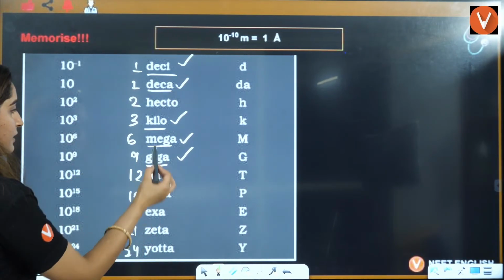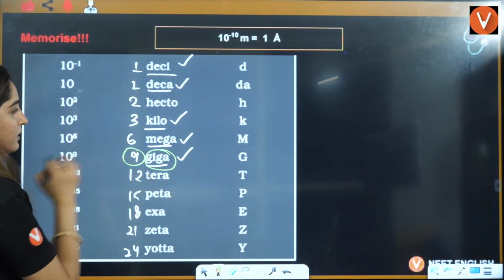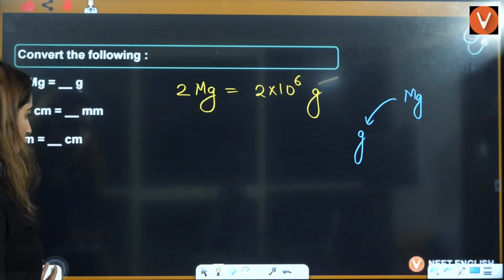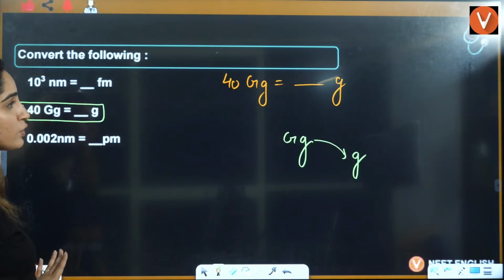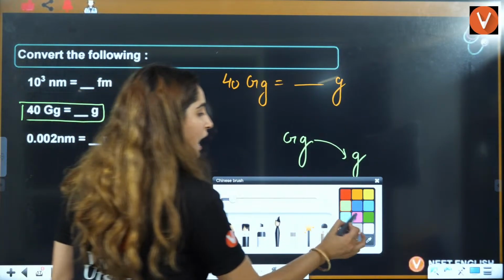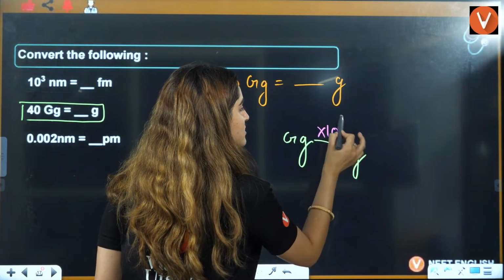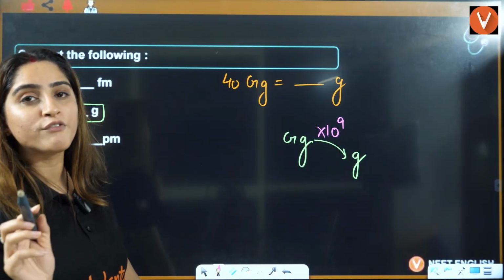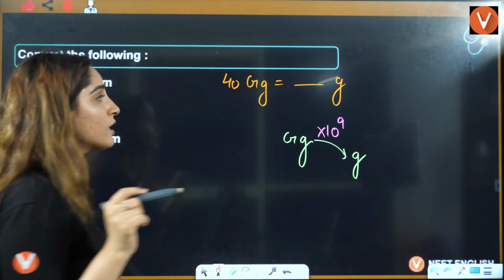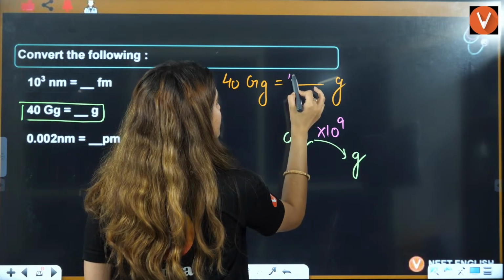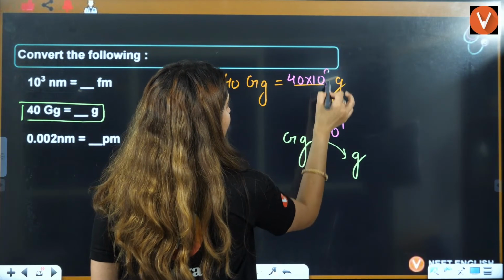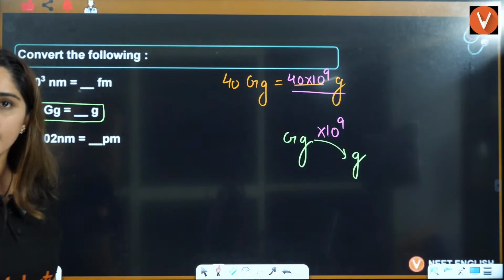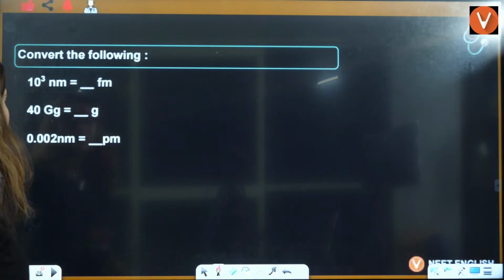So here we will do the conversion. I am not going to write minus 9 plus 9, just remember this. Larger to smaller is always multiplied. So you will multiply 40 into 10 raised to power 9 and you will have your answer here.